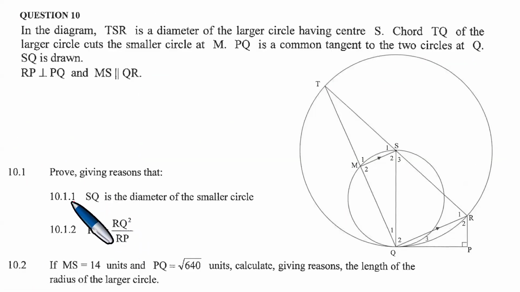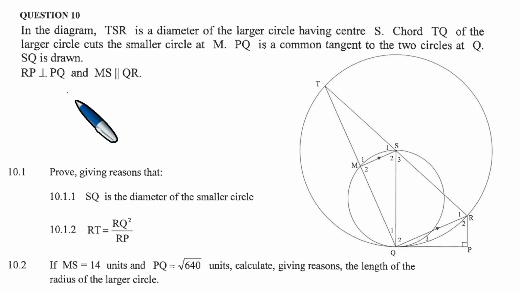Now, they said that SQ is drawn. Here is SQ, which has just been drawn. RP is perpendicular to PQ, so it's making an angle of 90 degrees.